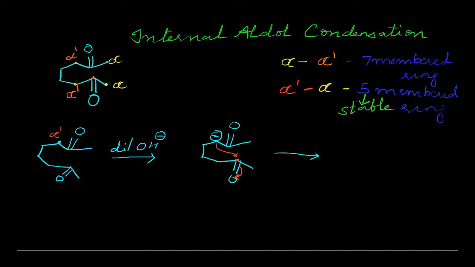Let me show you once again the formation of a 5-membered ring. Here you have oxygen with a negative charge, and over here you have C double bond O with the carbon with CH3.